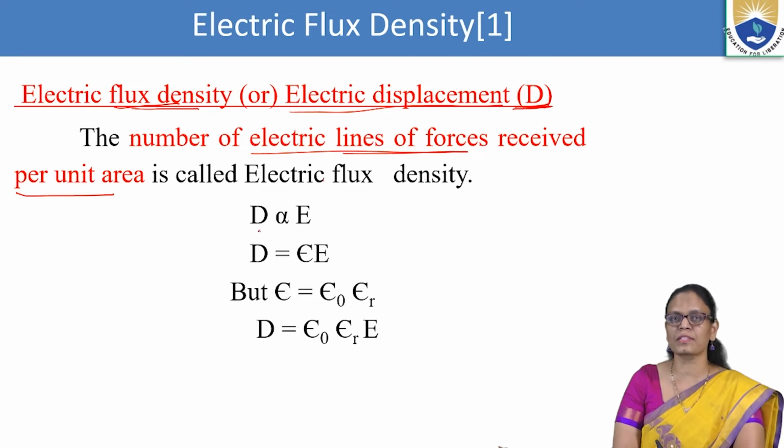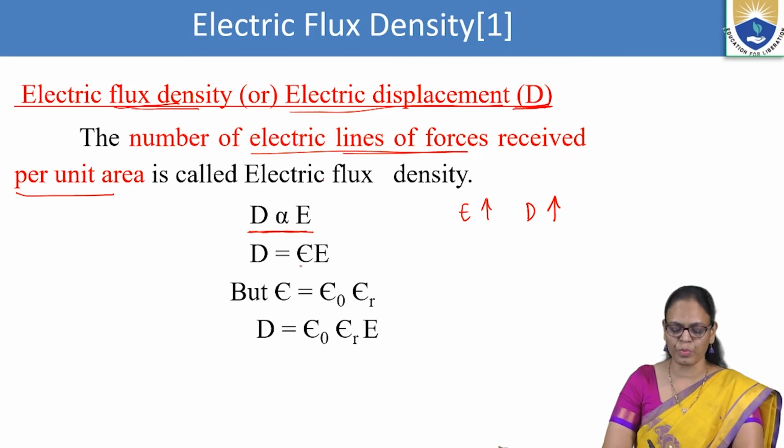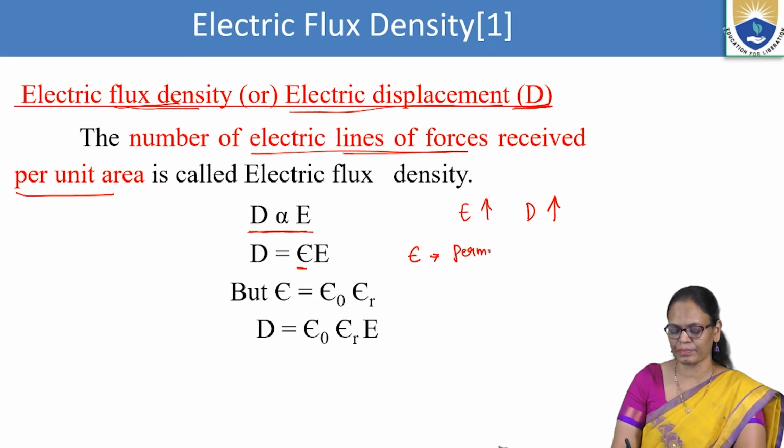This electric flux density is directly proportional to E, meaning if the electric field increases, the flux density also increases. So now I can remove the proportionality sign and put a constant: D is equal to epsilon E. Epsilon here is the permittivity of the medium.